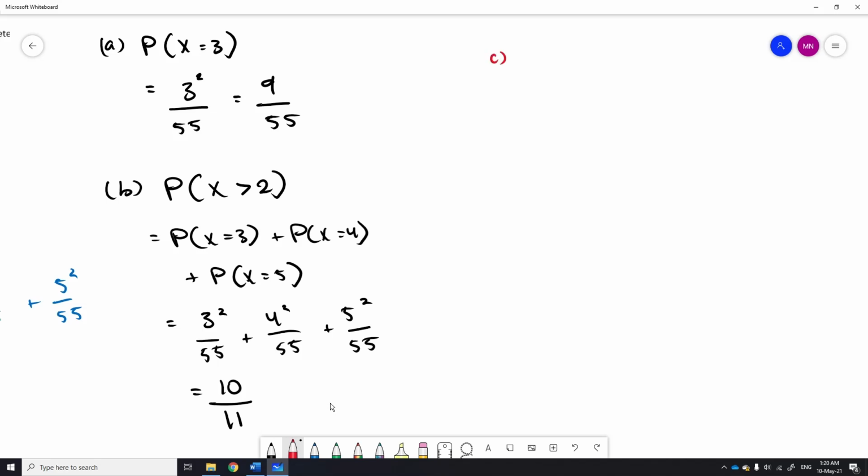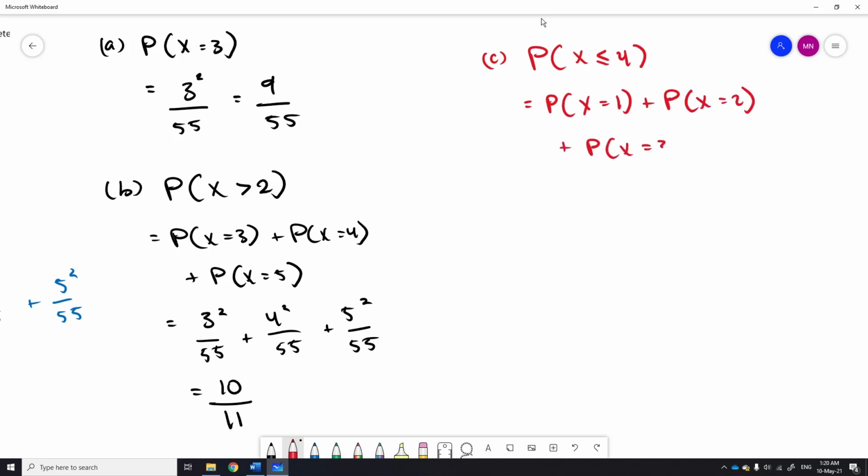Okay, for question C, probability of x less than or equal to 4 means probability of x equal to 1 plus probability of x equal to 2 plus probability of x equal to 3 and plus probability of x equal to 4. 1 square over 55, 2 square over 55, 3 square over 55.